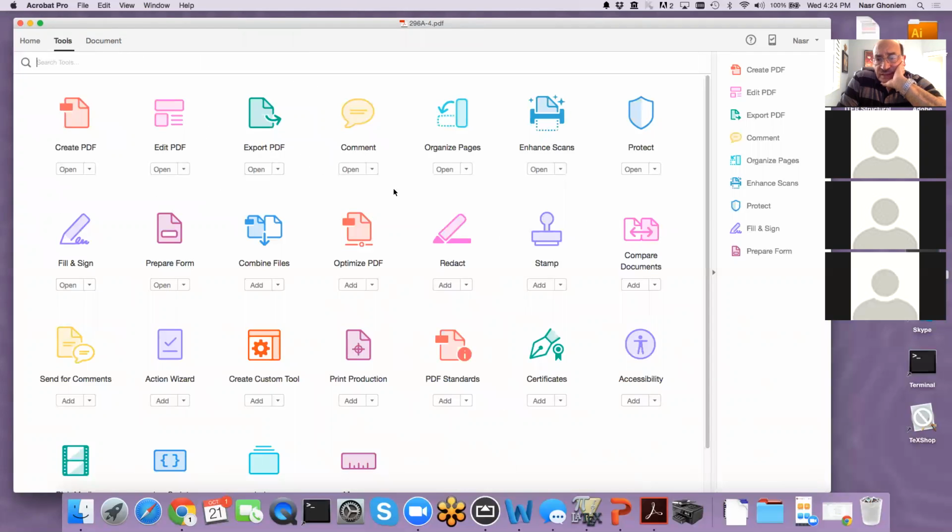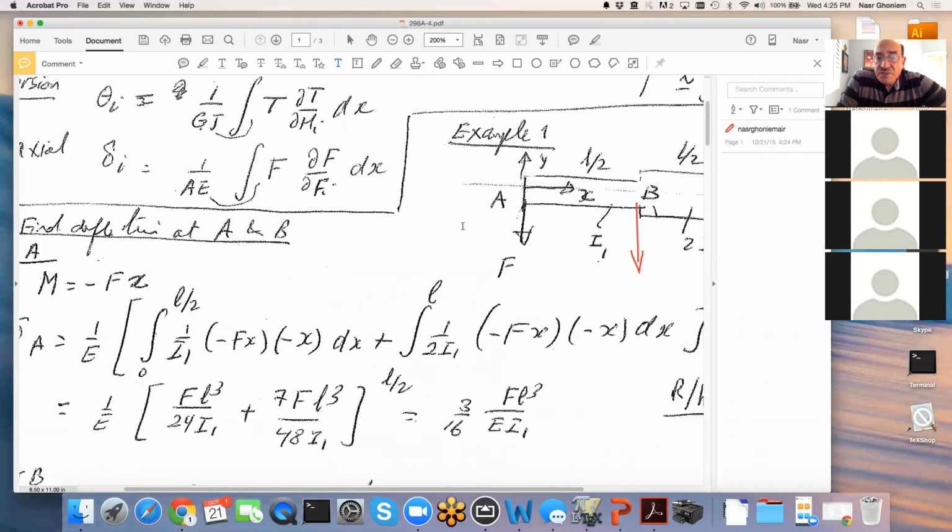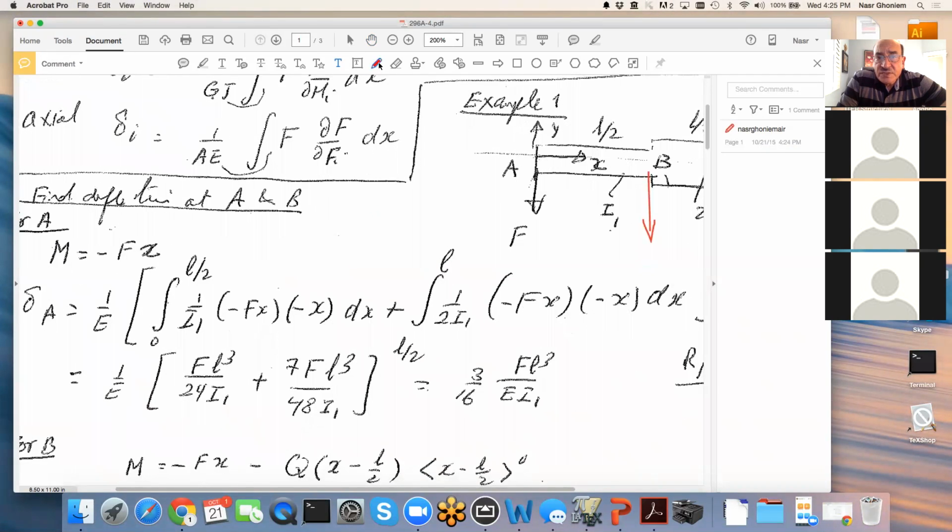If you imagine that there's a force Q right here, at this point I have a force Q, and it is a fictitious force that will tend to zero. Here is this force Q.